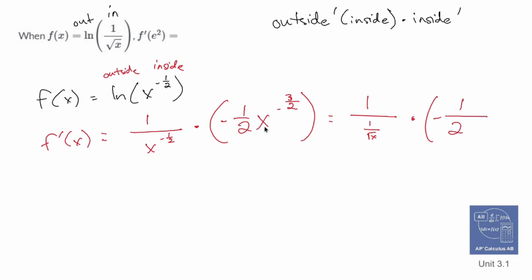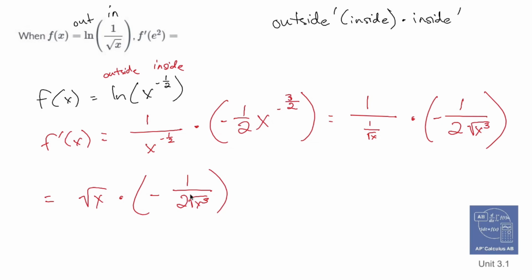Since this is going to be x to the negative 3/2, I would make it x to the positive 3/2 on the bottom, or the square root of x cubed. Maybe one more step. 1 over a fraction is just the reciprocal, so you look like that. So square root of x times negative 1 over 2 square root of x cubed.